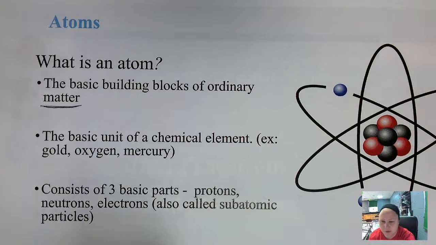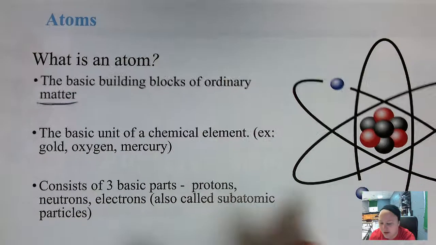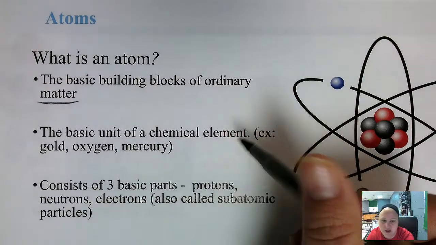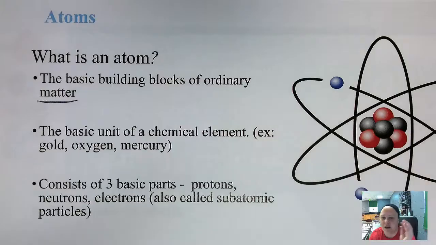So atoms make up matter. The basic unit of chemical elements such as gold, oxygen, and mercury. So pure gold, pure oxygen, pure mercury, all of those are made up from atoms.